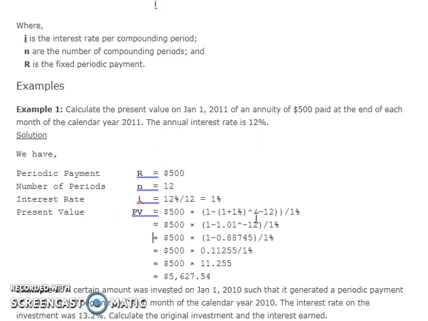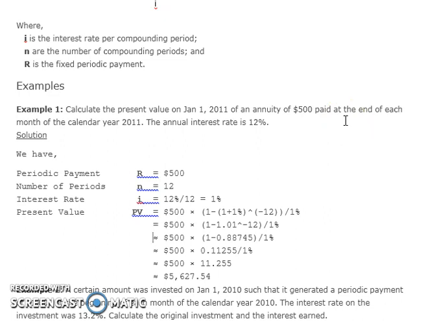How do we get the 1% here? The rate of interest is 12% annually, and in this case we are paying $500 at the end of each month.